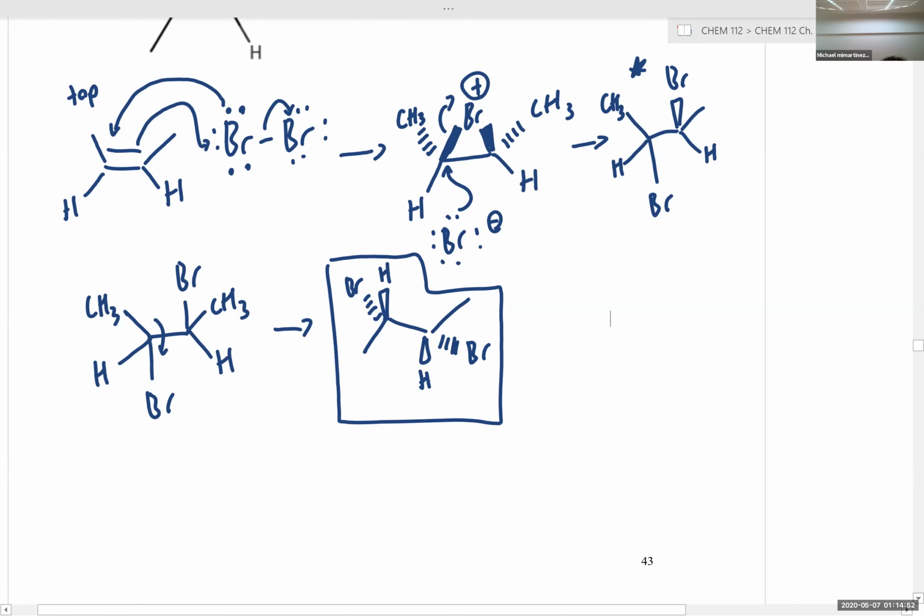One thing I want you to appreciate is that when we look at this molecule in detail, this molecule is not perfectly symmetrical in this case. So we can have non-superimposable mirror images, depending on where our bromonium intermediate forms. So we also observe the enantiomer.